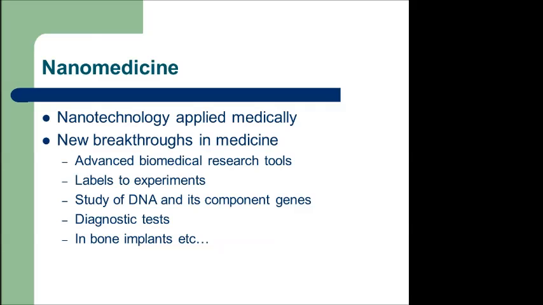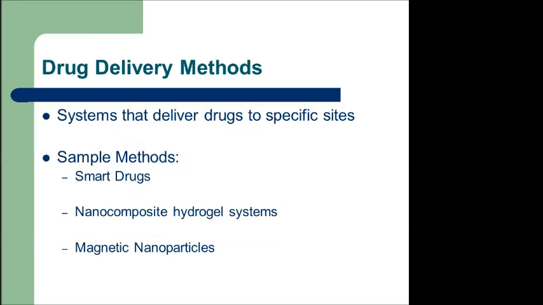There are advanced biomedical research tools, labels for experiments, study of DNA and its component genes, and diagnostic tests in bone implants, etc. In drug delivery methods, systems deliver drugs to specific sites. For example, smart drug delivery, nanocomposite hydrogel systems, and magnetic nanoparticles.